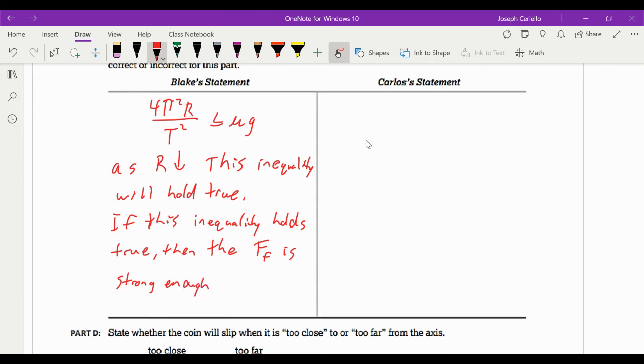Now let's think about Carlos's. As r gets bigger, this inequality breaks down, or is no longer true.